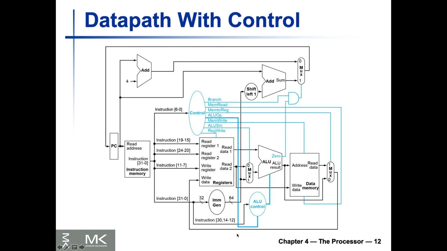All right, putting them all together, you're going to have a control unit such as that. That does control using the instructions that are coming here, bits 0 to 6. So there are bits 0 to 6 here that control branch, memory read, mem to register, ALU op, mem write, ALU source, and register write.